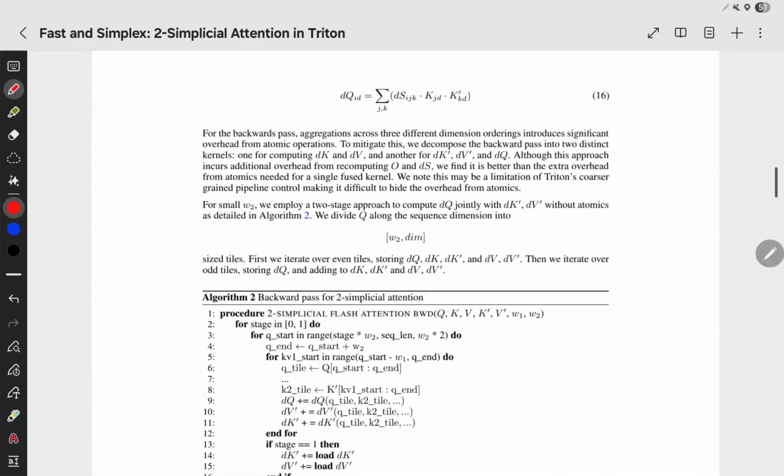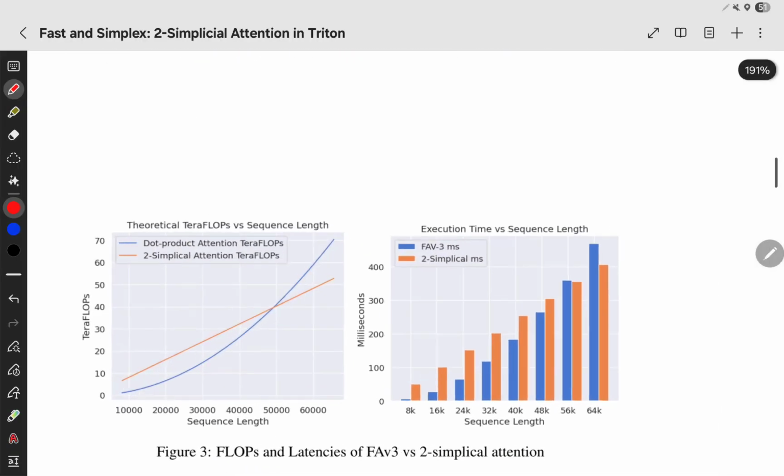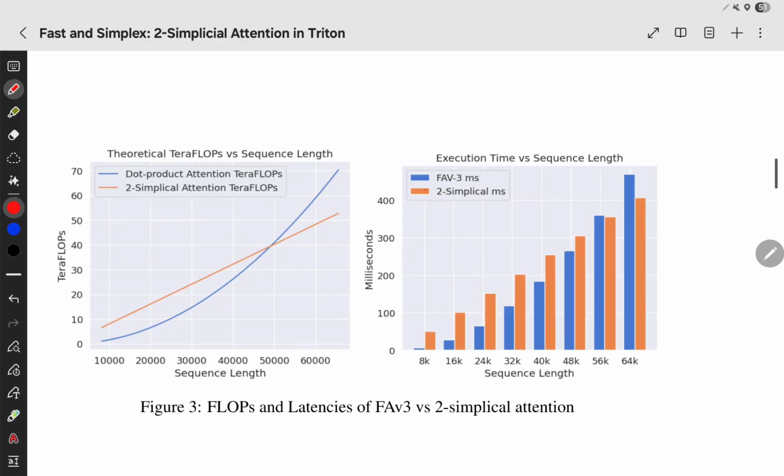They have an efficient way to make it computationally similar to normal attention. And since this is sliding window attention, it increases linearly, because it's O of n times W1 times W2. These are constant, and n increases with the sequence length. You can see here that's what happens with simplicial attention, it increases like that, while Fav3, which is dot product quadratic attention, increases quadratically.